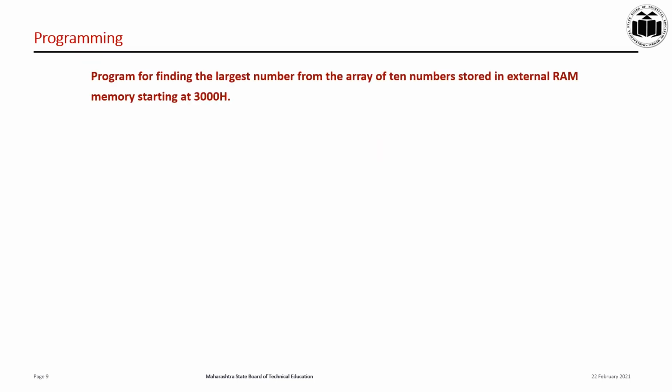Program for finding the largest number from the array of 10 numbers stored in external RAM memory starting at 3000H. ORG 0000H to initialize starting memory address. Initialize memory pointer for external memory by using instruction MOV DPTR, #3000H.